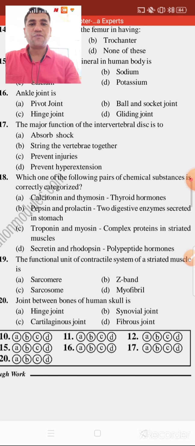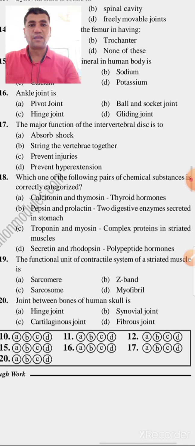Which one of the following pairs of chemical substances is correctly categorized? A. Calcitonin and thymosin, thyroid hormones. Pepsin and prolactin, two digestive enzymes secreted in stomach. Troponin and myosin, complex proteins in striated muscles. Secretin and rhodopsin, polypeptide hormones.